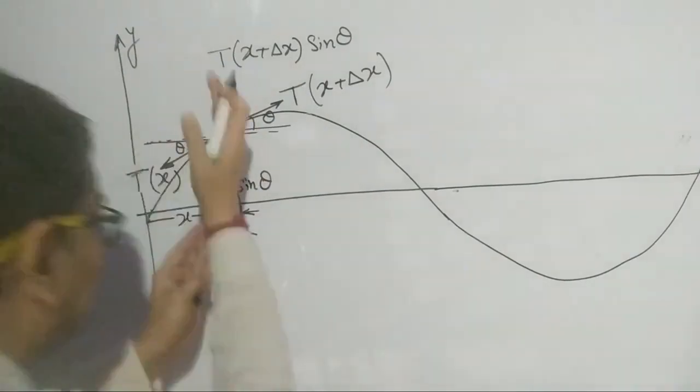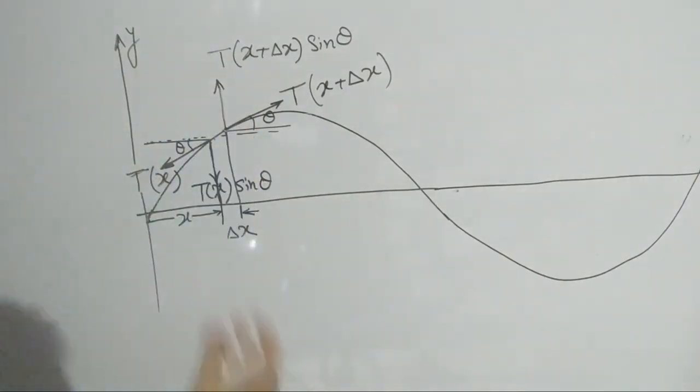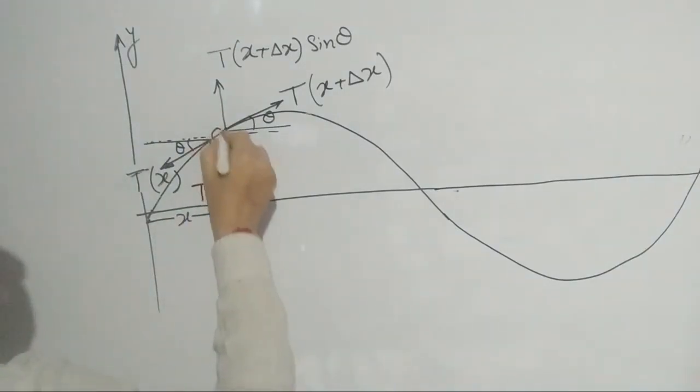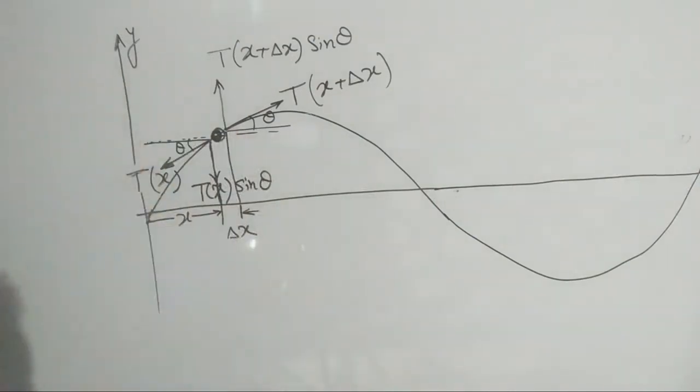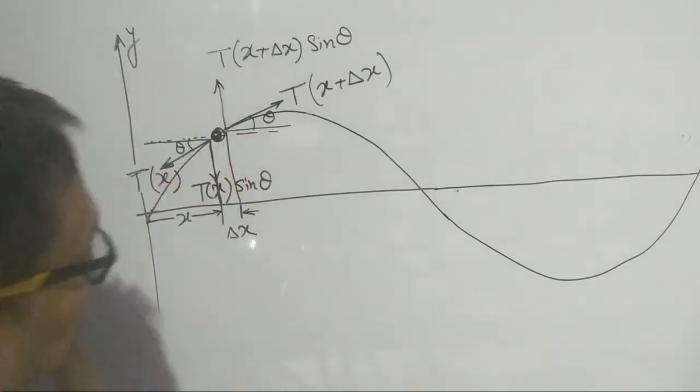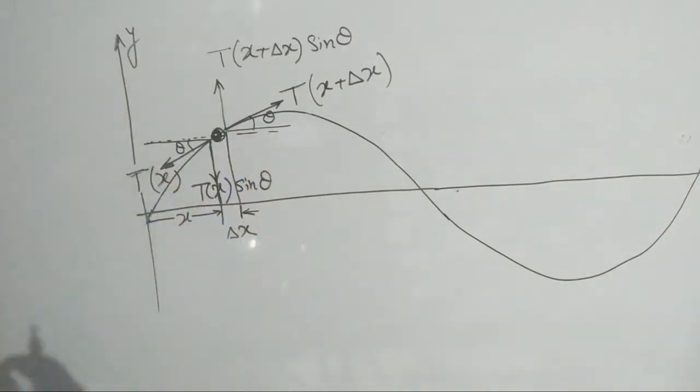So this resultant difference of tension is producing an acceleration of this much mass of the string. Now what will be the mass of the string?